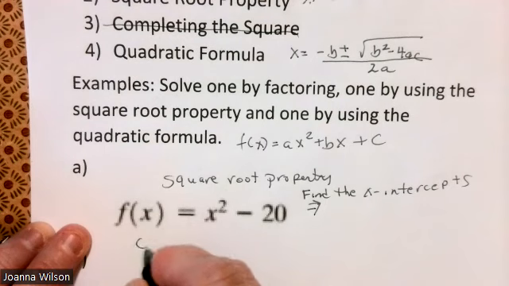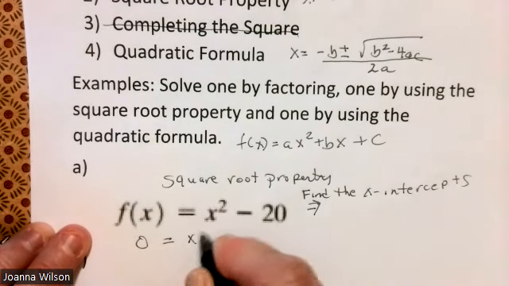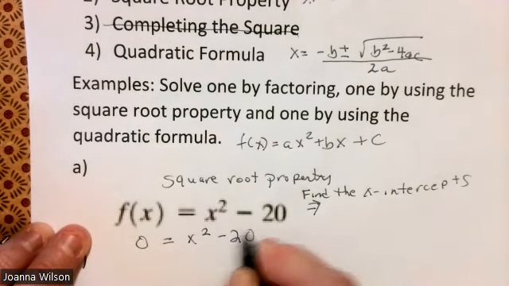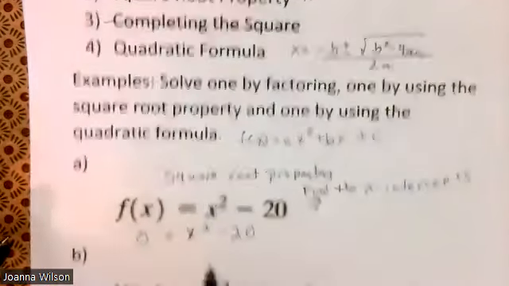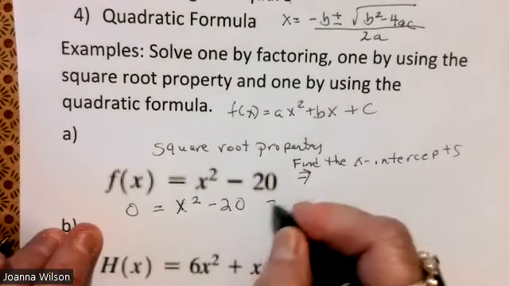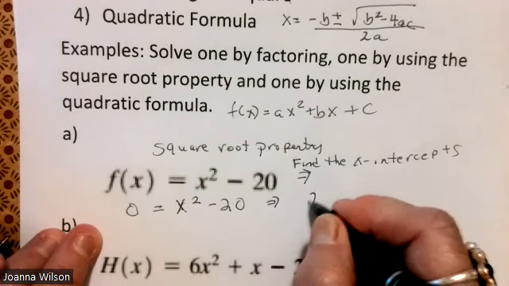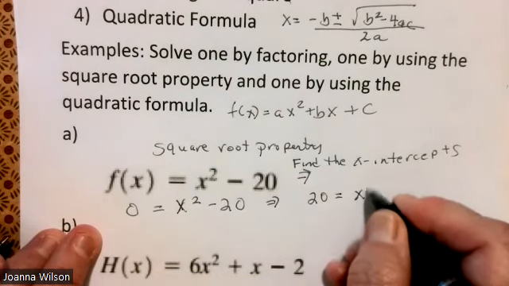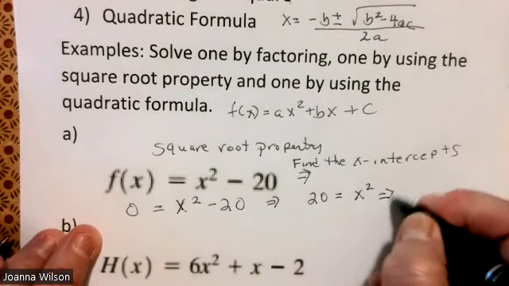So I'm going to set 0 equal to x squared minus 20. The first thing you've got to do is isolate this x squared, so I'll just add 20 to both sides. Then I'll use the square root property.